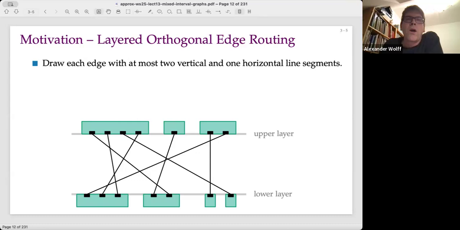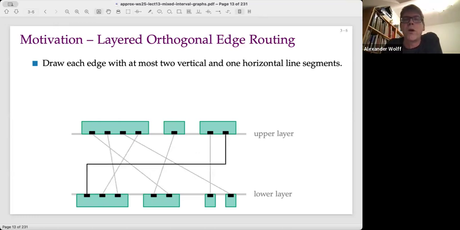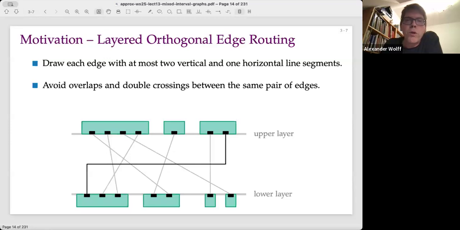Yeah. So now we want to draw these edges in an orthogonal way. And to make things easier, we insist that they all have two vertical pieces and one horizontal piece. So we want to draw the edges like this edge. And we do want to avoid that these edge pieces, these edge segments overlap each other, or that they cross more than necessary.